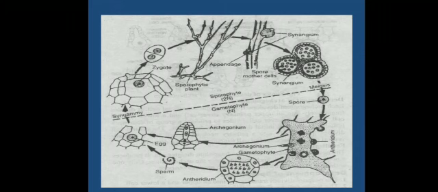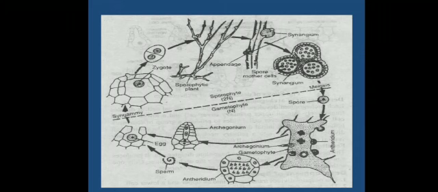You can see the life cycle here. The plant body, that is the sporophyte, produces the synangium. The spores are produced. Spores, after liberation, germinate to form prothallus. Prothallus produces archegonia and antheridia. Then after fertilization, zygote is formed.